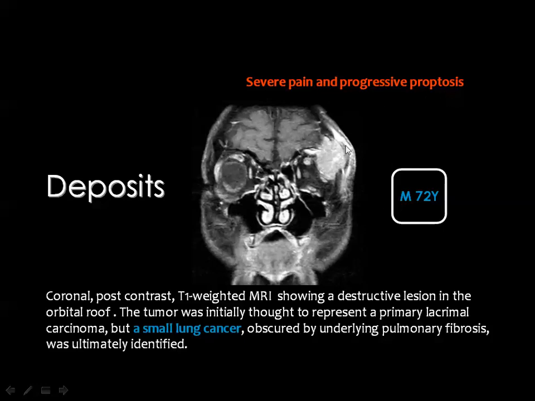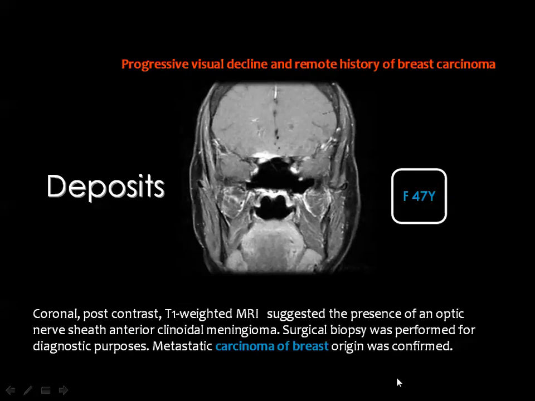The MRI showed a destructive lesion in the lateral aspect of the orbital roof as well as the adjacent part of the frontal bone. Then they thought that this lesion is a primary lacrimal gland carcinoma, and after surgery, they found that this tumor is a metastatic deposit from a small lung cancer that was obscured by pulmonary fibrosis.